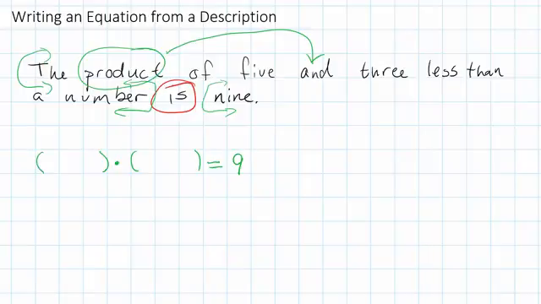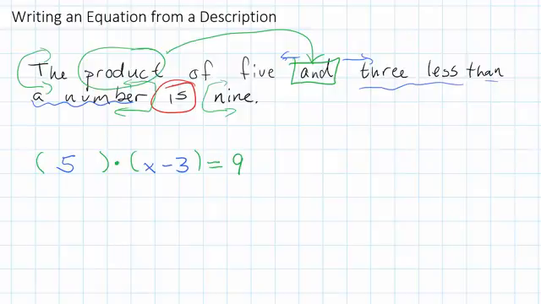Now I need to figure out what the two things are. Right? So I'm referring to that and. 5 and longer phrase. So 5 and 3 less than a number. 3 less than a number, that means whatever letter I like, minus 3. And that's it. That's all I need to do in this problem, because I'm not asked to solve the equation.